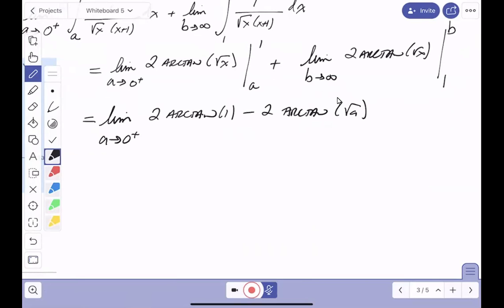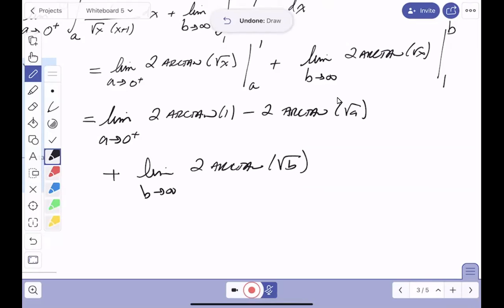Yeah, let's keep going. Plus the limit as b goes to infinity, 2 arctan of b. I'm sorry, not b, it's root b. Sorry about that. Minus 2 arctan, root of 1 is 1.